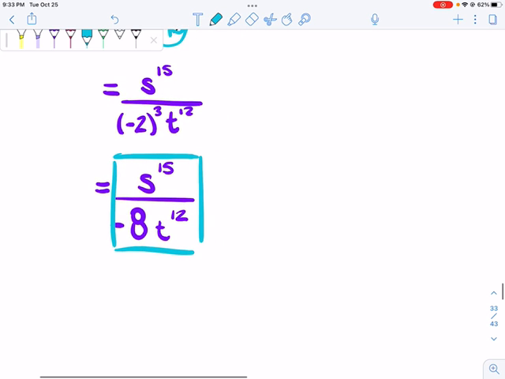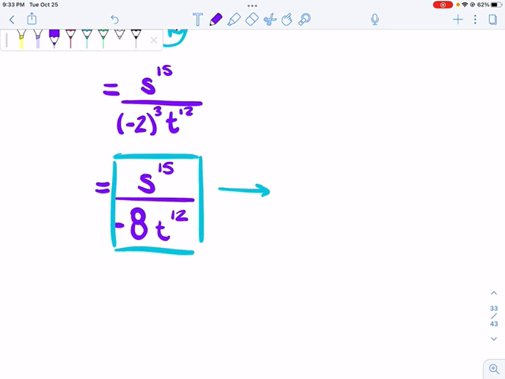Something to keep in mind if we're ever checking answer keys online, just like we talked about in the fractions unit, when we have a negative fraction, it doesn't quite matter where that negative is. If it's in the numerator, if it's in the denominator, if it's out in front of the whole entire thing, we still end up with a negative fraction.